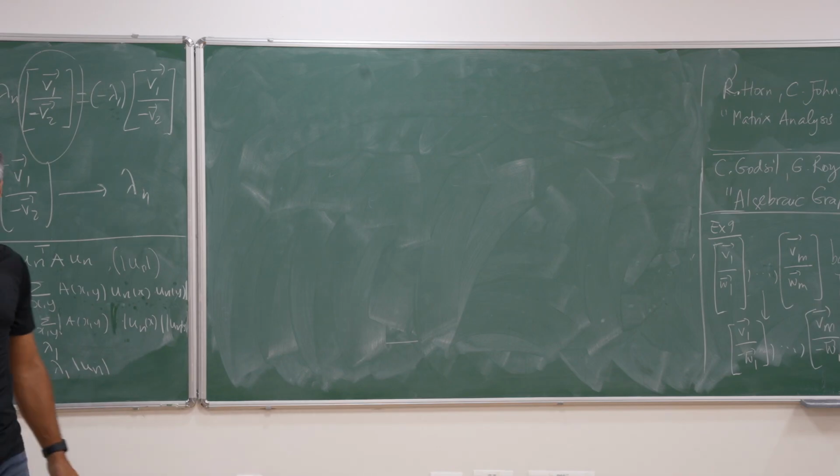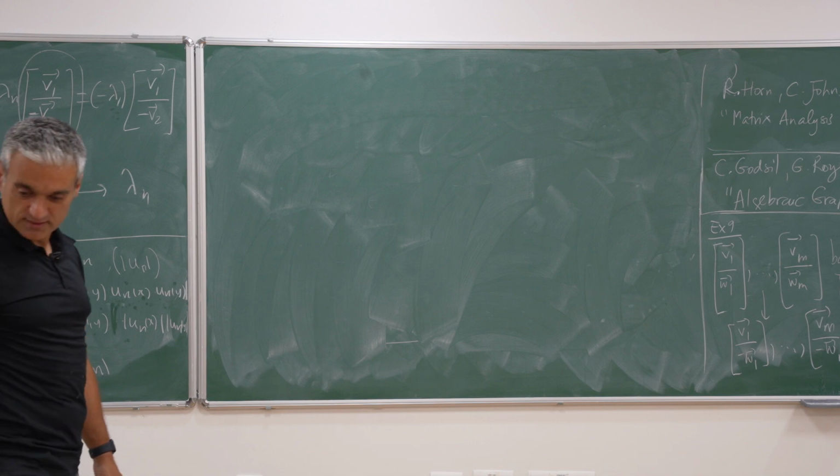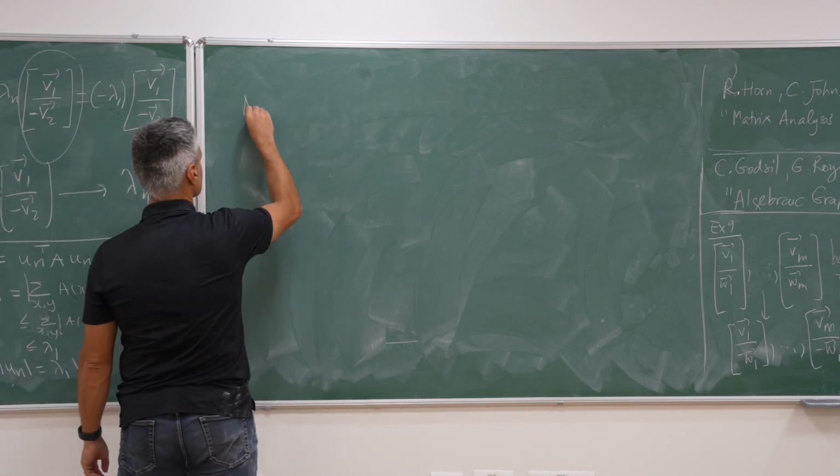Let's do exercise question 10. You have this thing with the bipartite graph, so it looks like this.